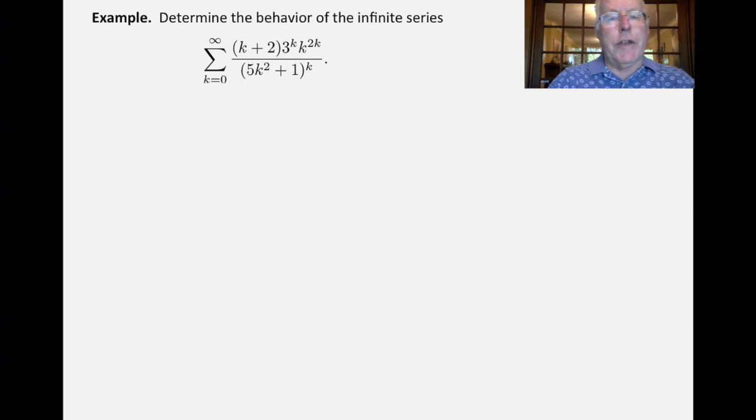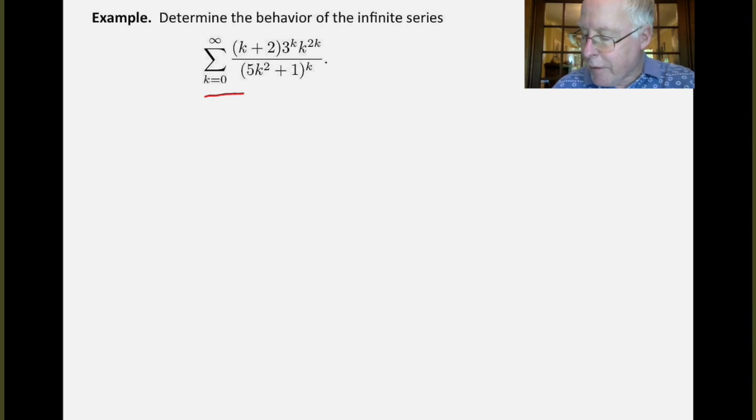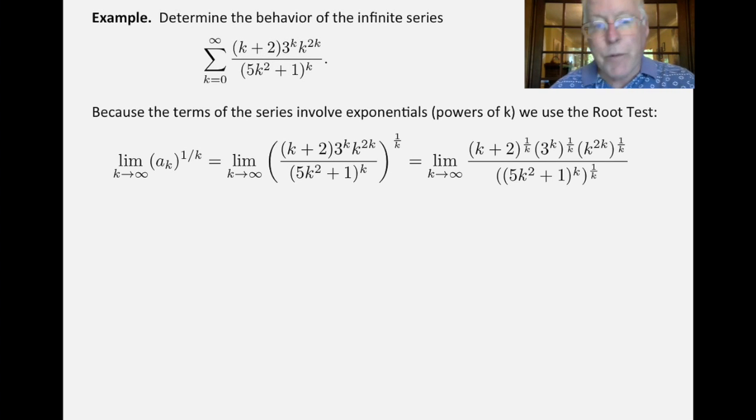So let's take a look at the series, summation k goes from 0 to infinity, of (k plus 2) over 3 to the k, times k to the 2k, over (5k squared plus 1), all raised to the kth power. So with all these kth powers in the a sub k term, this is kind of an ideal series for the root test.